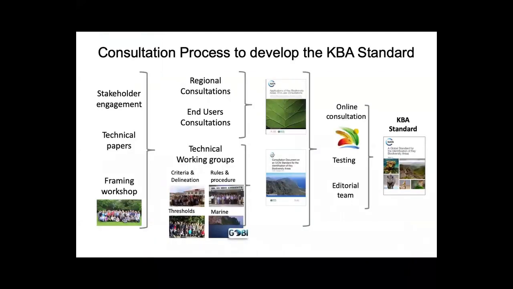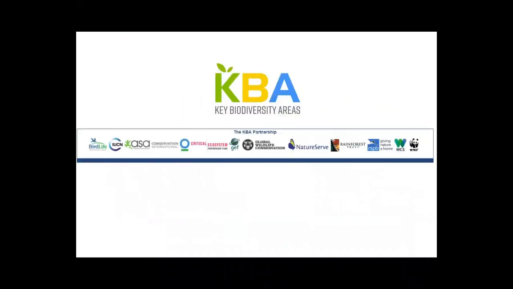After an extensive consultation process, 11 of the world's leading nature conservation organizations launched a new partnership to identify, map, monitor, and conserve key biodiversity areas at the World Conservation Congress in Hawaii in 2016, and several new partners have joined since then, so this is no longer a complete set of partners.